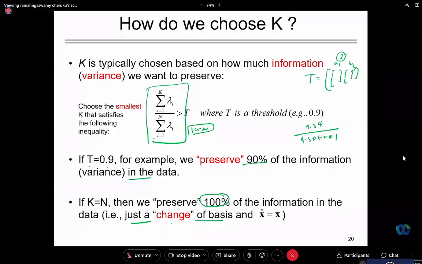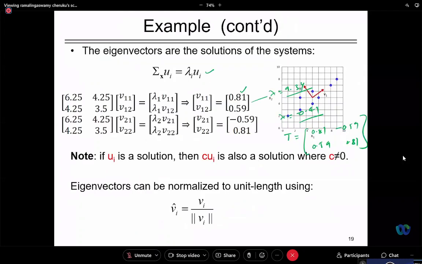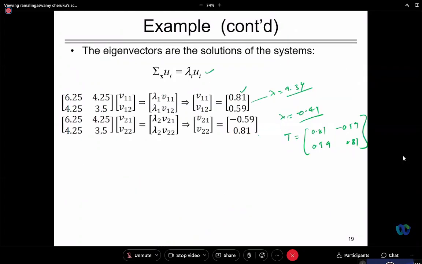How much is it preserving? 9.34 divided by 9.34 plus 0.41, which is 9.75. So eigenvector 1 is preserving 90% of the information.